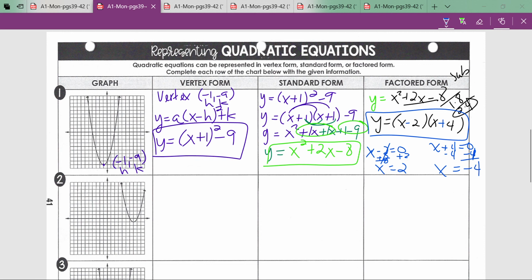Or just think of it, whatever zeroes out each parentheses, so it has to be the opposite. Those are x-intercepts. So that'll help you when you graph it. So if we didn't know how to graph this, then we would go to the graph and plot points at negative 4 and positive 2, and there at least I have the vertex and my 2 x-intercepts.